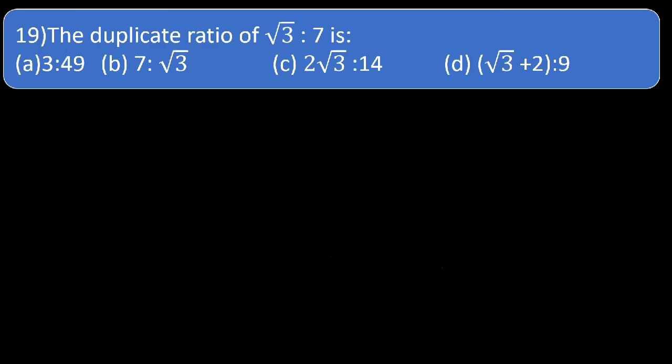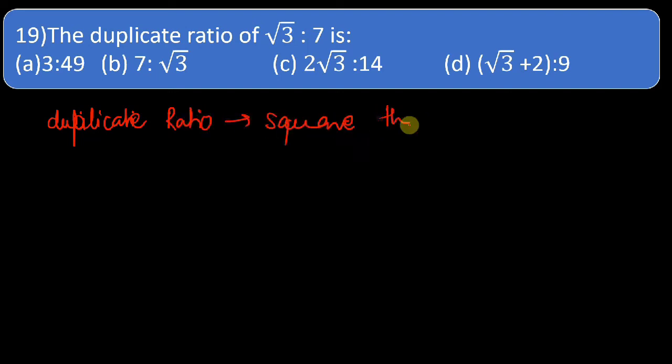Now we are told to find the duplicate ratio of root 3 is to 7. As we all know, duplicate ratio means the square of the given numbers, the square of the ratios.